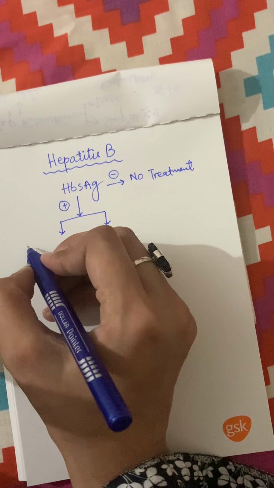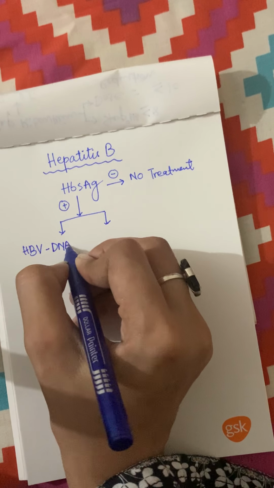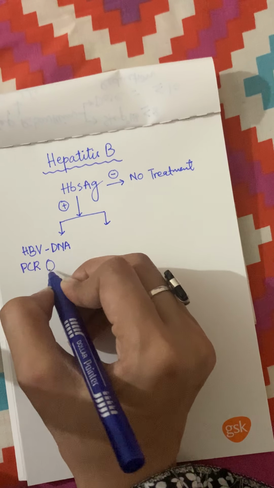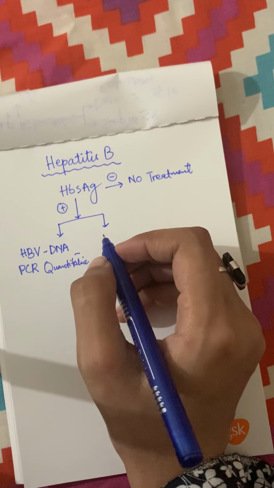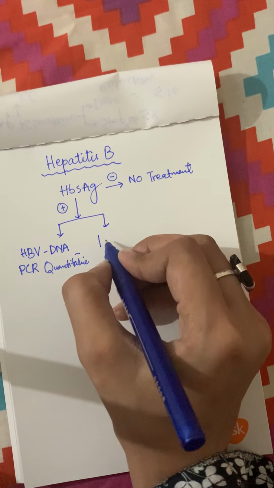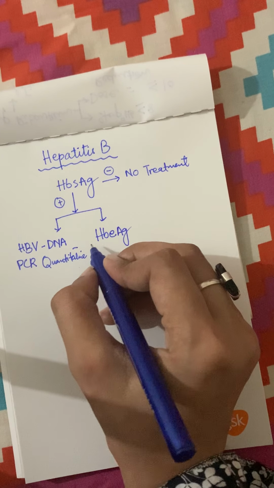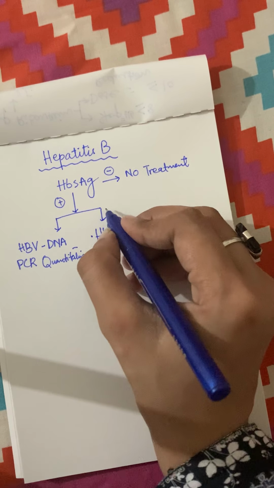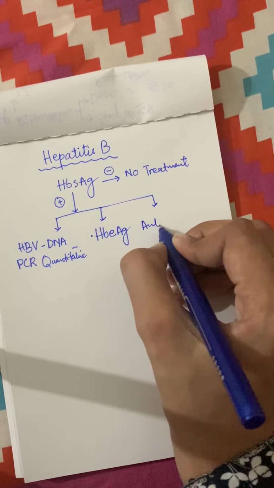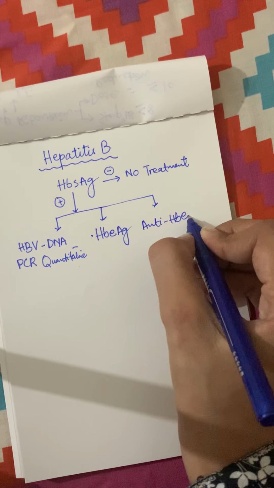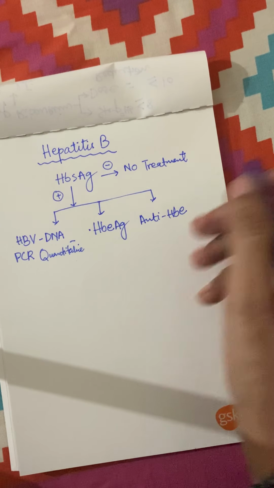First of all is hepatitis B virus DNA PCR quantitative, and the second test we have to perform is hepatitis B E antigen, and the third test is anti-HBE, hepatitis E antigen and E antibodies. We have to perform these three tests.